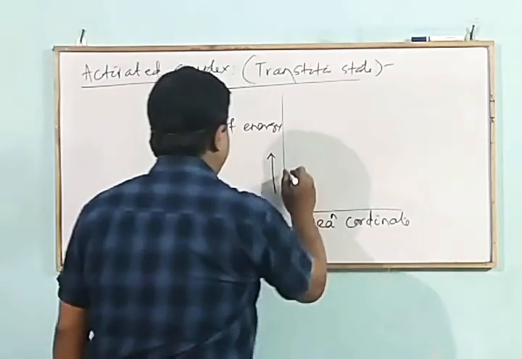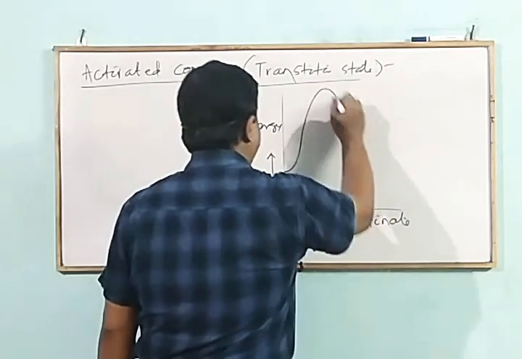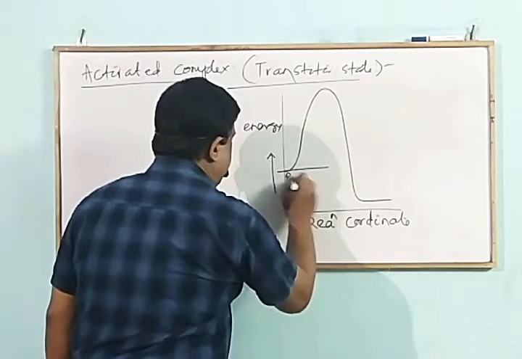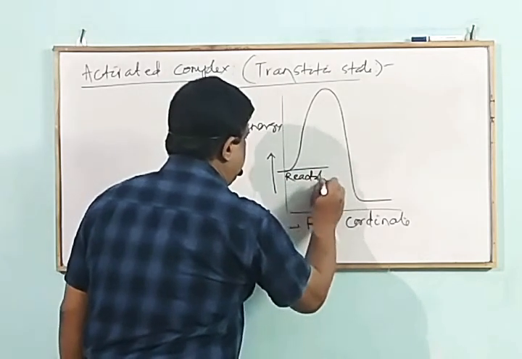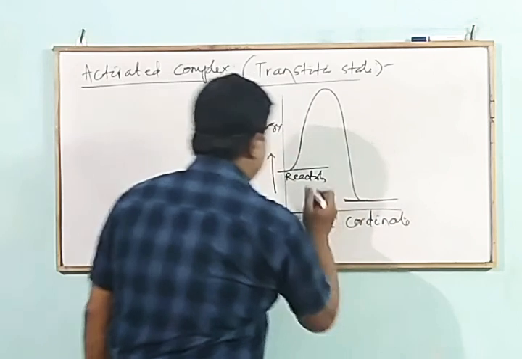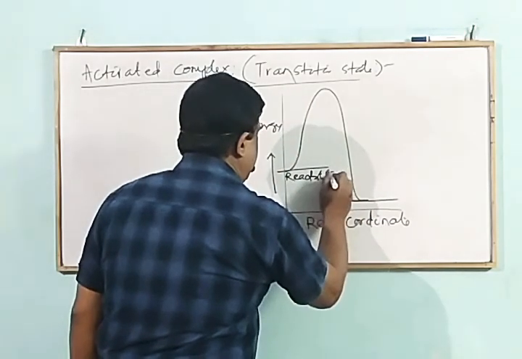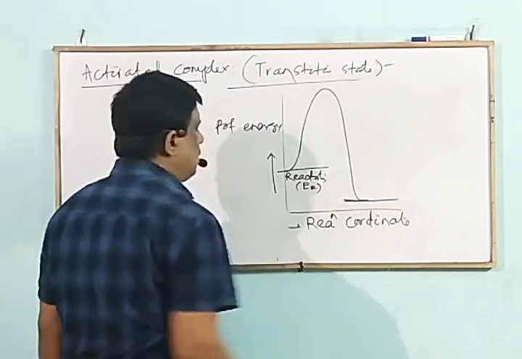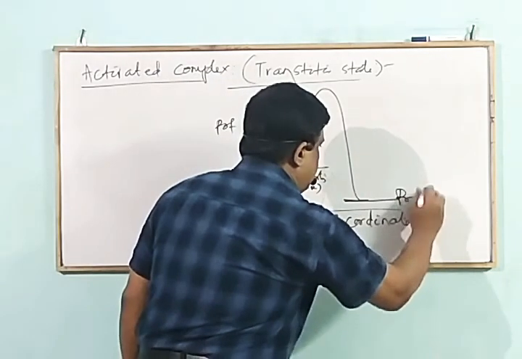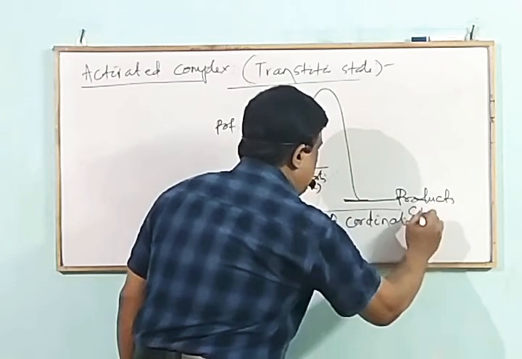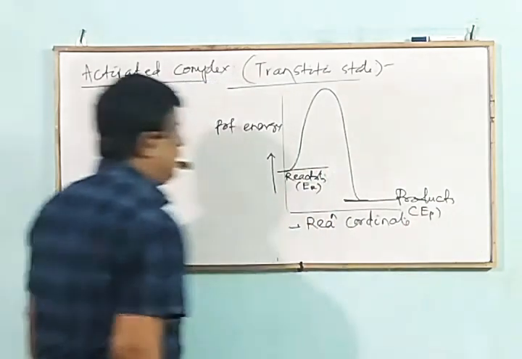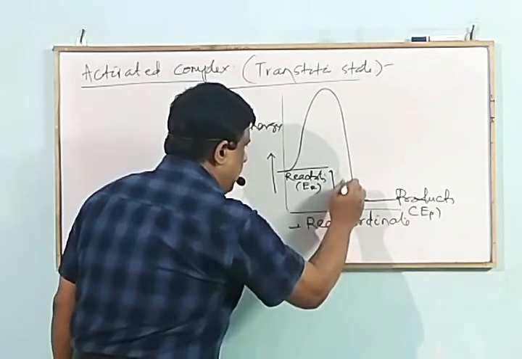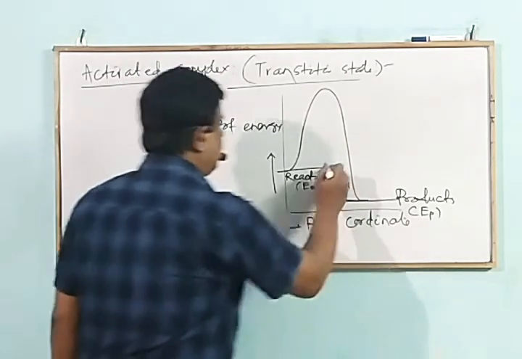Mark that. A graph is there. This one is known as the reactant. The energy possessed by the reactant is known as ER. This is the product. The energy possessed by the product is known as EP. The difference between the energies is delta H. Mark that.